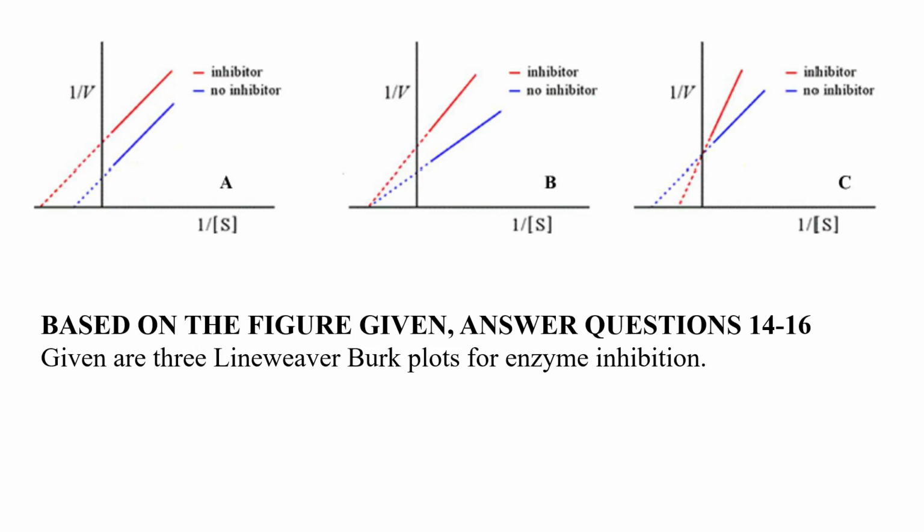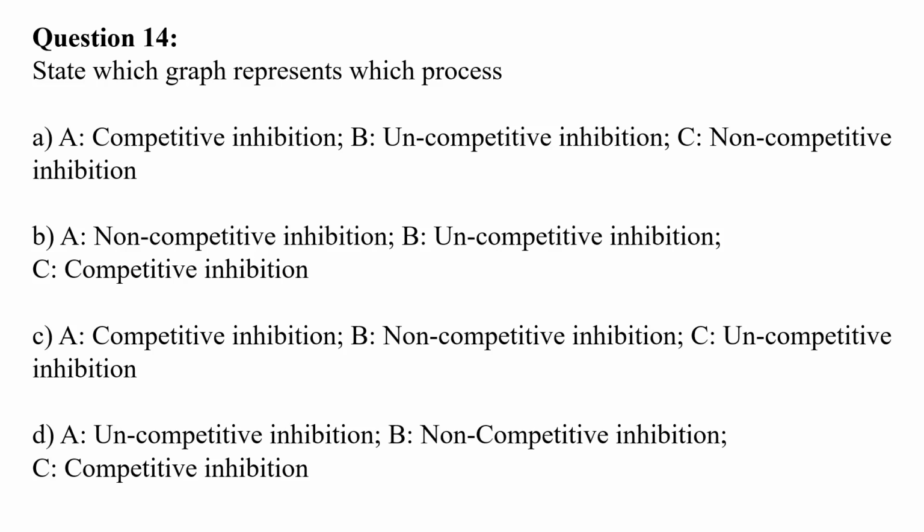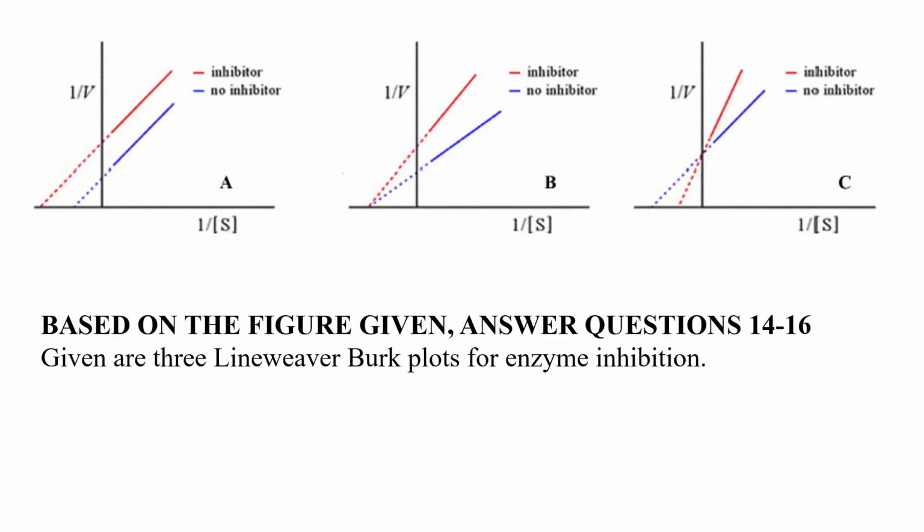This diagram I have already shown. Question number 14 was, what is the type of inhibition? You had to identify the type of inhibition in each case. In the first case, Vmax is changing and Km is changing, so this is called uncompetitive inhibition.